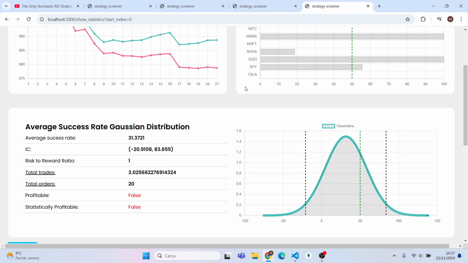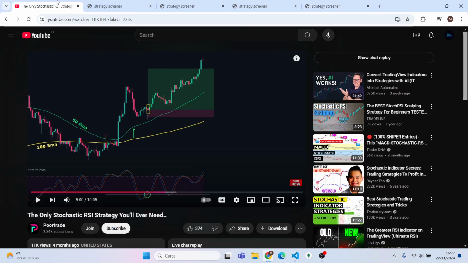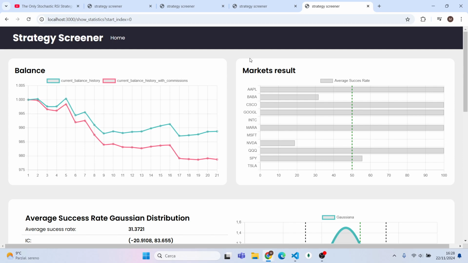But I say that again, with such a low number of trades, the Gaussian distribution is not the correct one, but that's it. So definitely not a good trading strategy by using these rules, because maybe by using for example the last swing low as stop loss, as I said in this video, maybe it would have performed better. I don't know. Today I tried it with these settings.